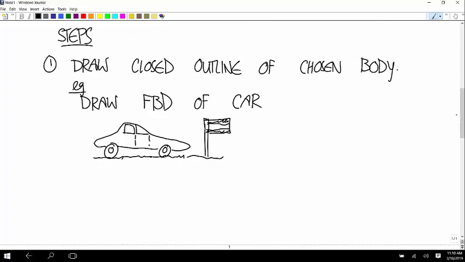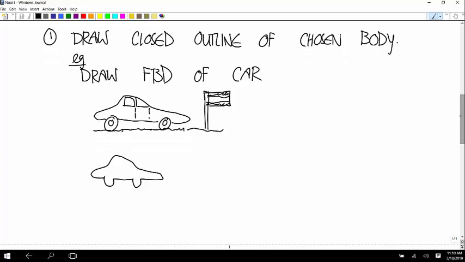So the free body diagram looks like this. Closed outline. You don't draw the grass. You don't draw the flag. It's just the thing that you're isolating, just your chosen object.